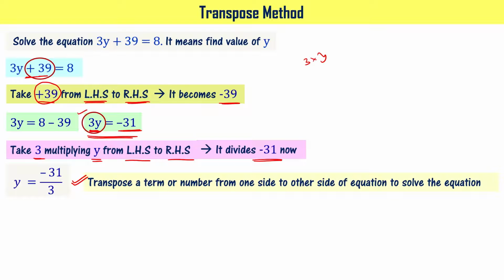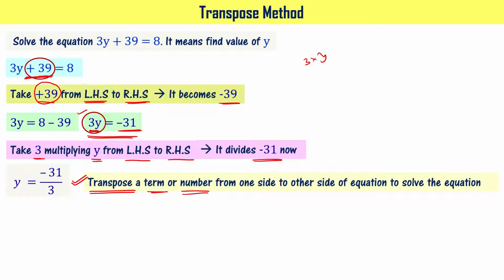What we have done here is we have taken either a term or a number from one side of the equation to the other side to solve the problem, right? Or otherwise you can say that we have transposed a term. In the first case, we have transposed a term or a number.